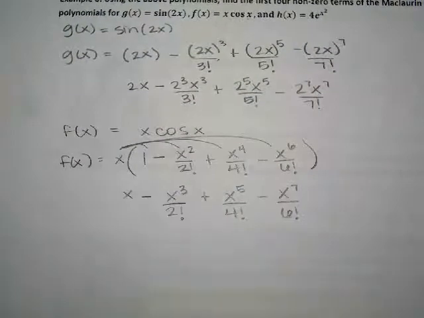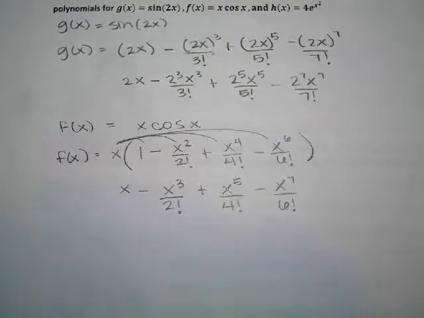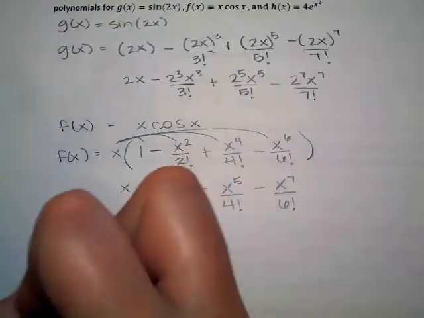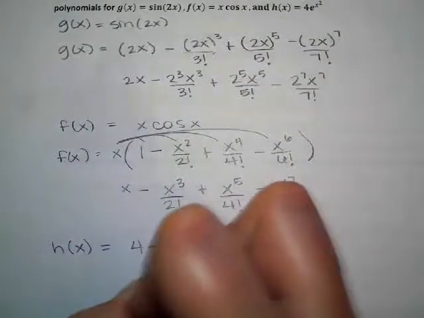Okay. All right, next we have h of x equals 4e to the x squared. So what do you guys think we have to do with this one?